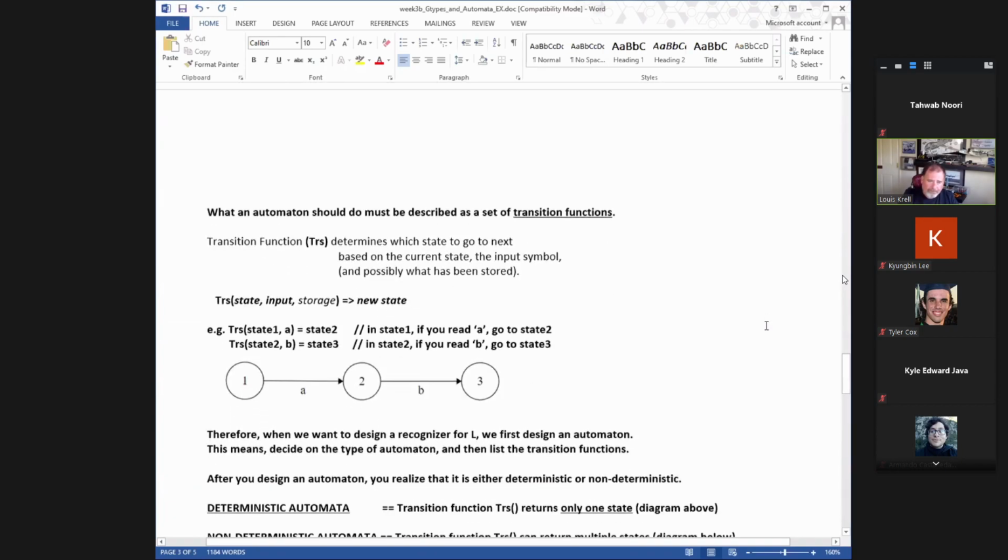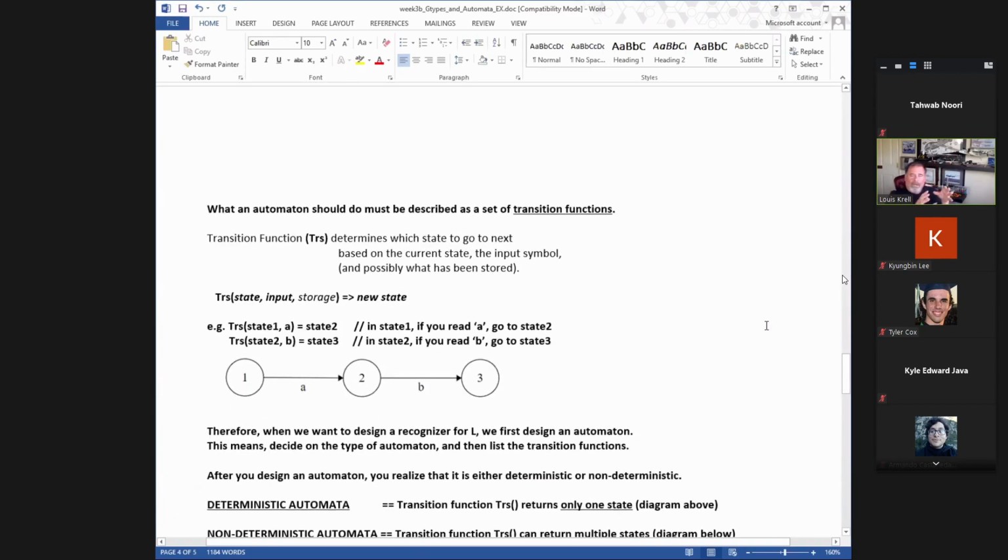Now, what an automaton should do in a given state, we want to have a transition function that defines if I'm in a state and I see this character, what's the next state that I go to? So for these examples, this is the layout of a transition statement.